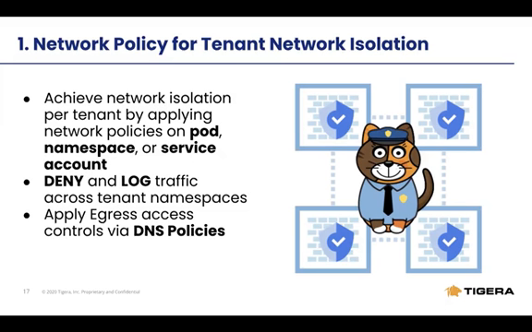You can achieve network isolation per tenant by applying network policies at the pod, namespace, or service account level for each one of your tenants. You can automate this process and make it seamless. You can make sure that you deny and log traffic across tenant namespaces, and you have a track record of any attempt to cross the tenant's namespace.